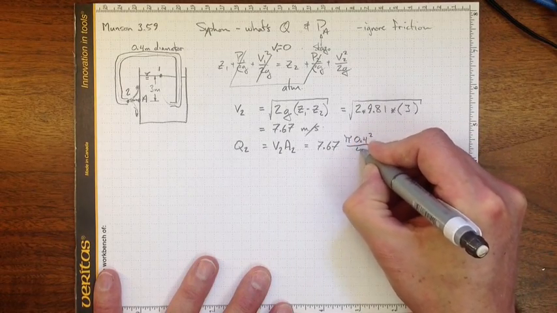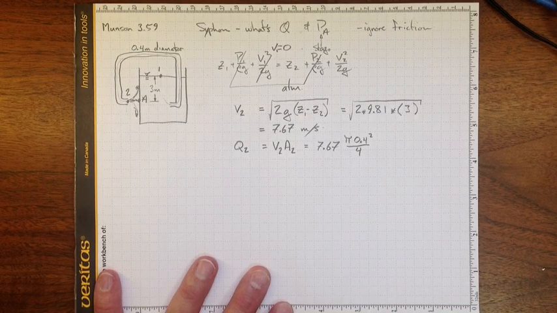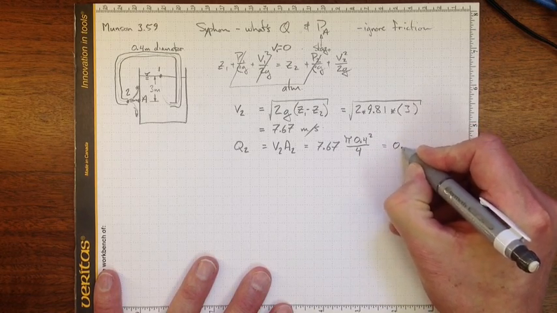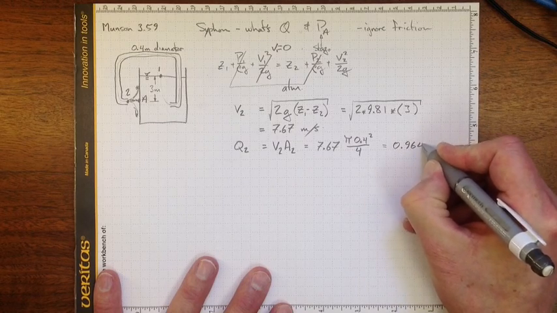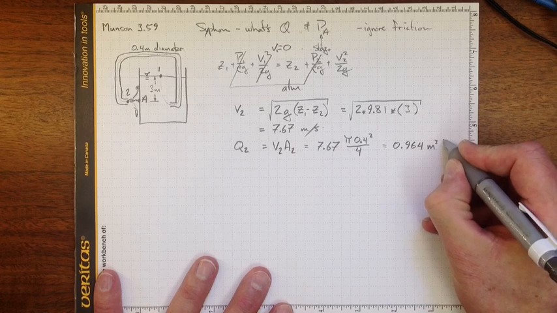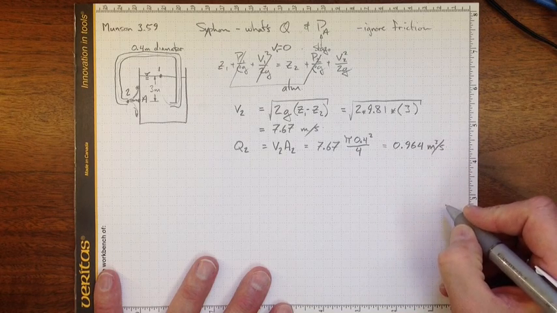So taking our 7.67 times pi times 0.4 squared divided by 4, I get 0.964 cubic meters per second.